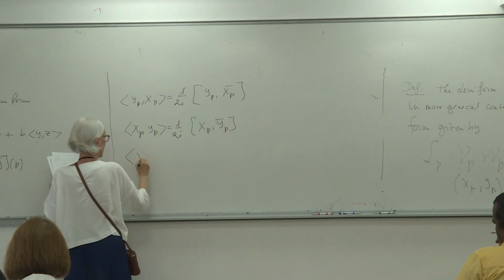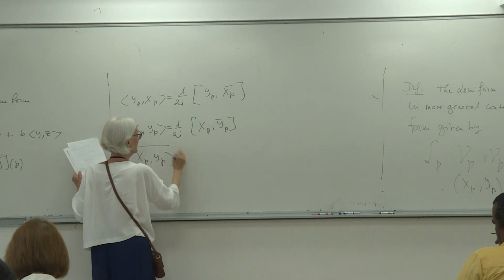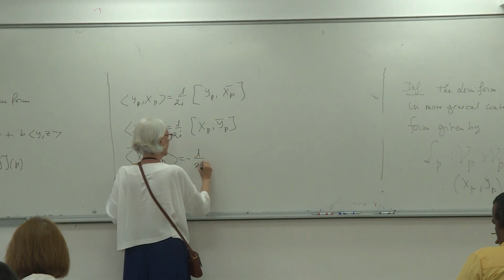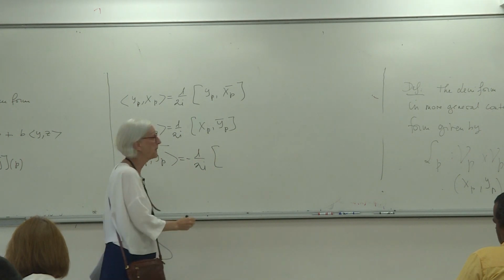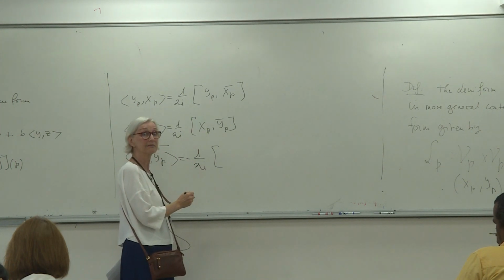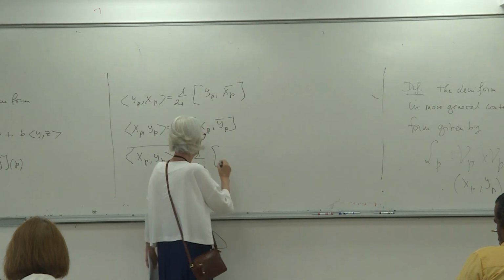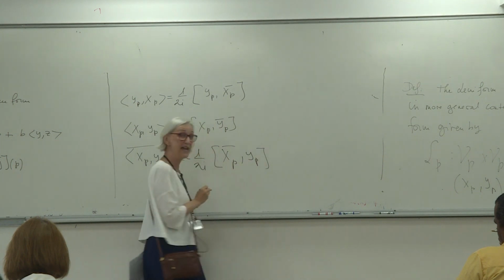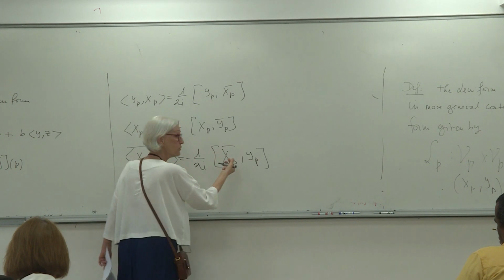That means that xp yp bar is minus 1 over 2i. And what is the bar of this guy? It's going to be x bar py, okay? Okay? Yes?